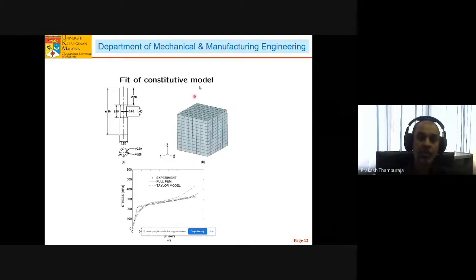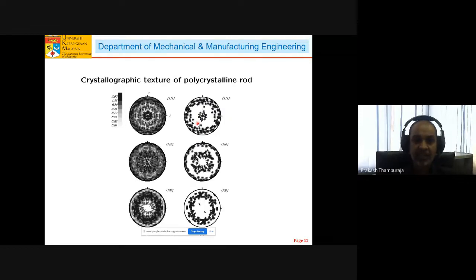Okay, so this is the experimental sample that we have here. This is the geometry, all in inches. This is a dog bone sample. We assume that a small part of the sample at the gauge section, which is polycrystalline in nature, can be arranged randomly. So we have random orientation grains, where each grain has a single crystal orientation from this crystallographic texture from the XRD measurement.